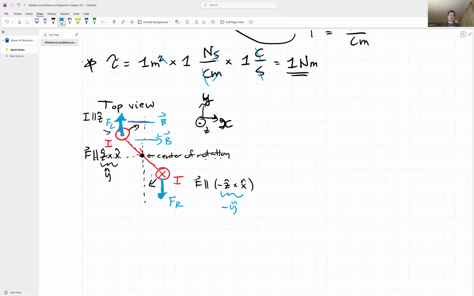And you see what happens is that these are going to constantly be pulling down, and the loop will rotate until it's just standing vertically, at which point the torque will disappear.